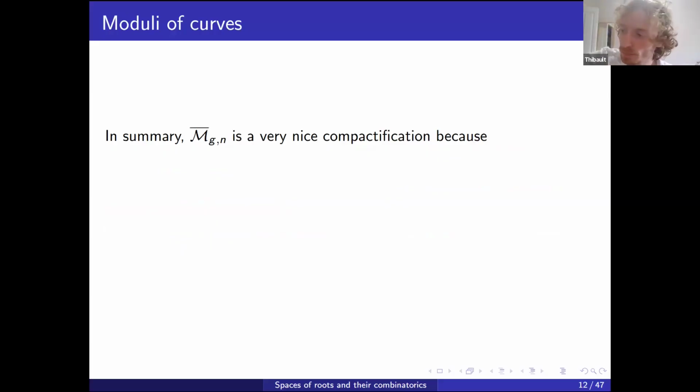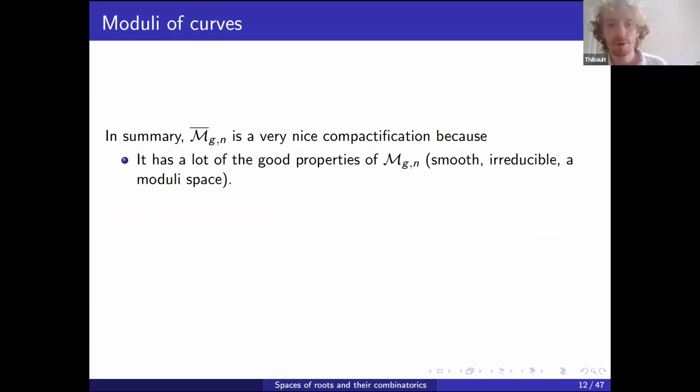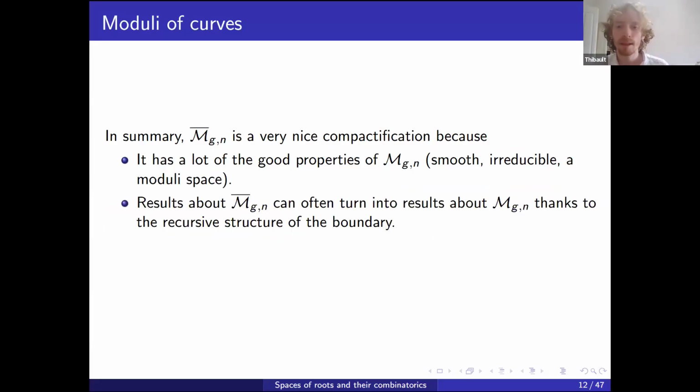Right. So why do we like MGN bar? Well, there's a bunch of reasons. First, it's a compactification that still has a lot of the good properties of the original space. It's still smooth, it's still irreducible, it still parameterizes objects that we can wrap our heads around. You can use this recursive structure at the boundary, right?